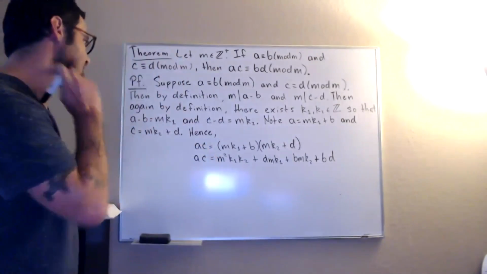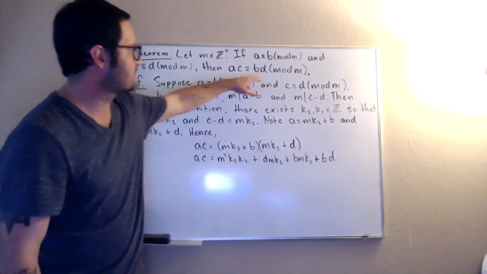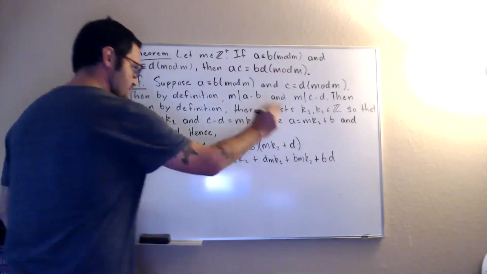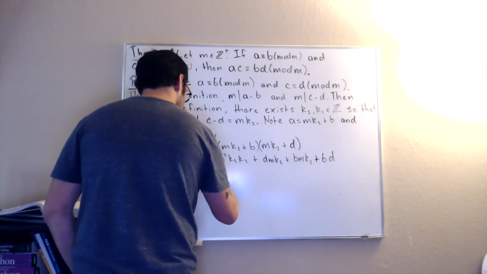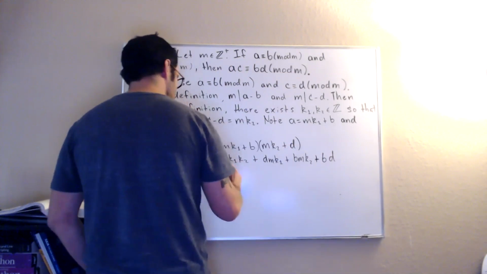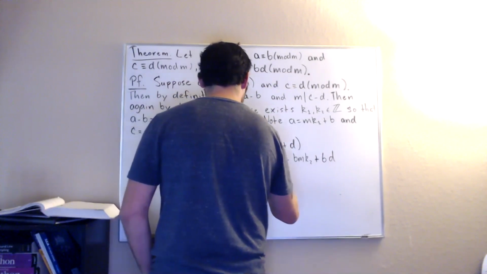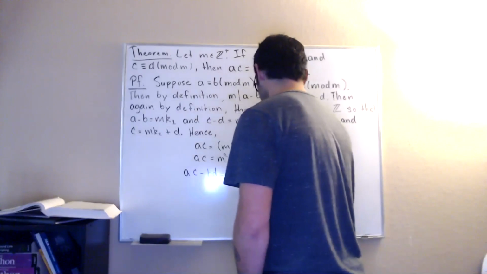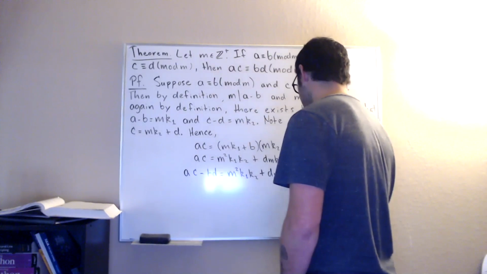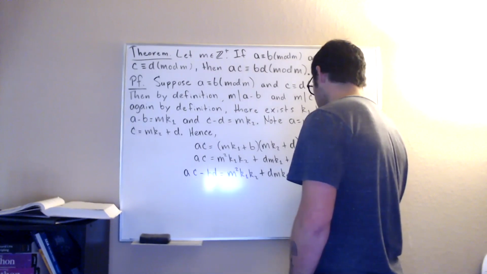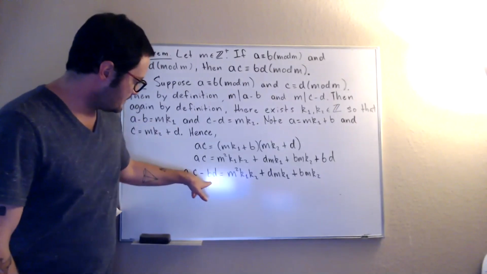Okay? So then we have that B times D term and A times C there, and we want to show that m divides that difference. So I can move that over and I see that AC minus B times D is equal to this sum here. So I want to show that this is a multiple of m.